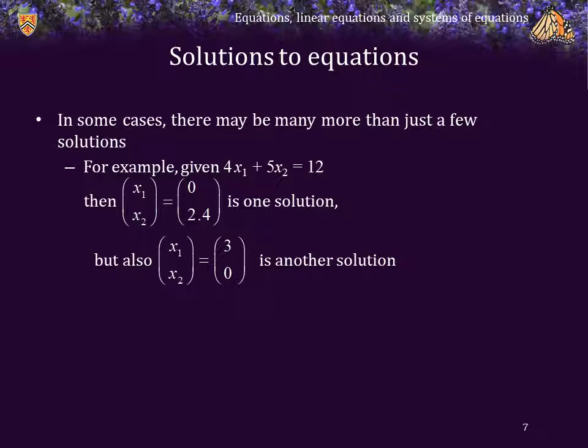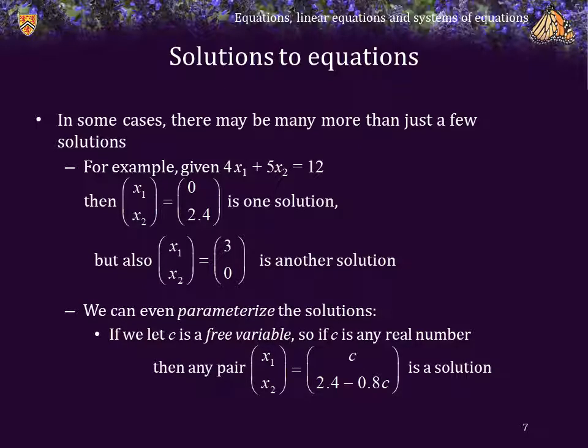In fact, this has many more solutions. We could parameterize the solutions. So, if we let c be a free variable, so that c can take on any real number, then letting x1 and x2 be c and 2.4 minus 0.8 times c, this also is a solution for any real number c.